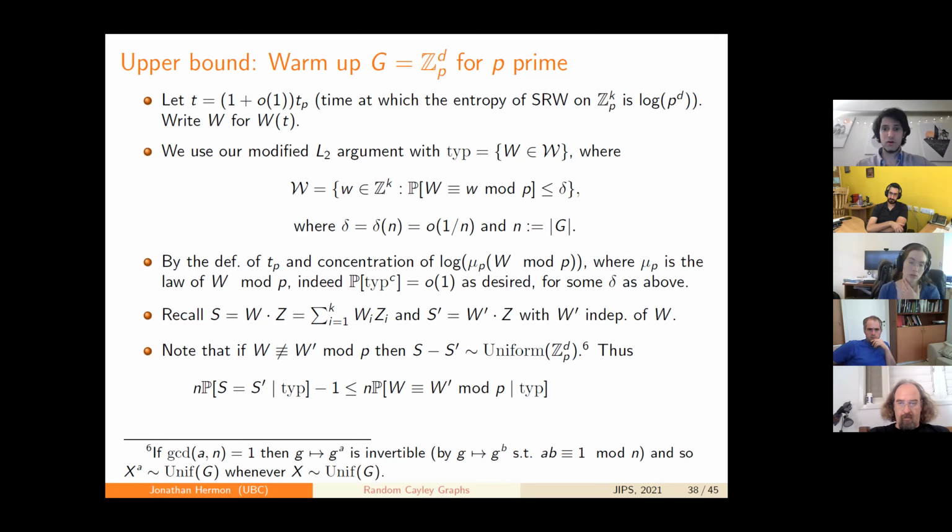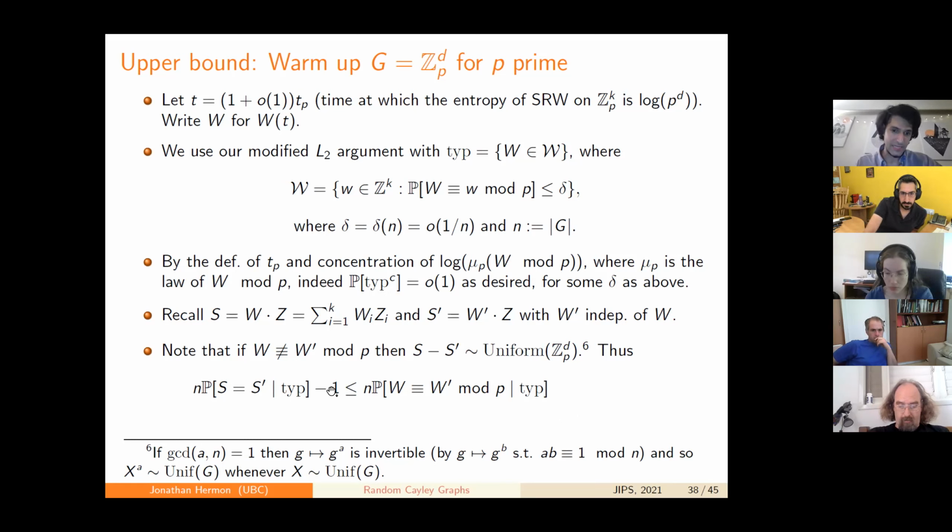Okay, so let's explore what this means. This quantity, which we want to show is little o of 1 to obtain an upper bound on the mixing time, is now reduced to n times the probability that W is equal to W prime mod P, conditioned on typicality, because if W is not equal to W prime, we get a contribution of 1 over n.